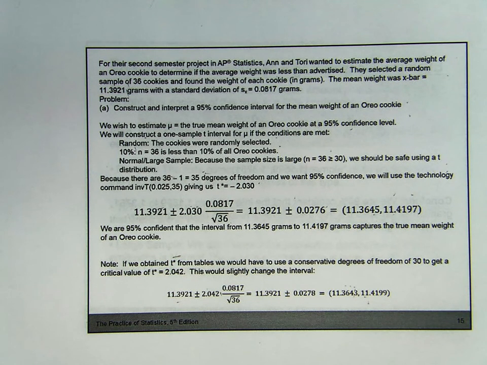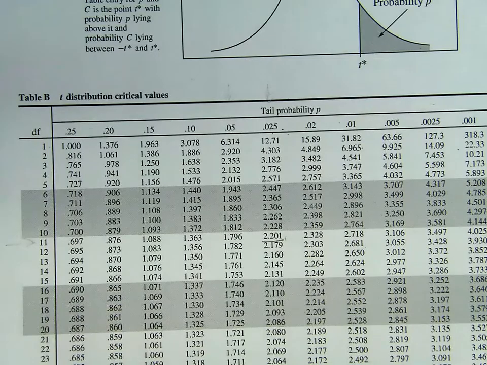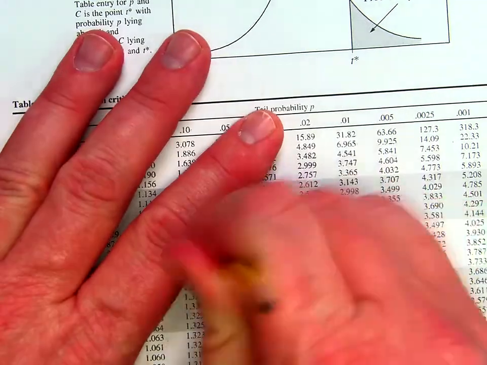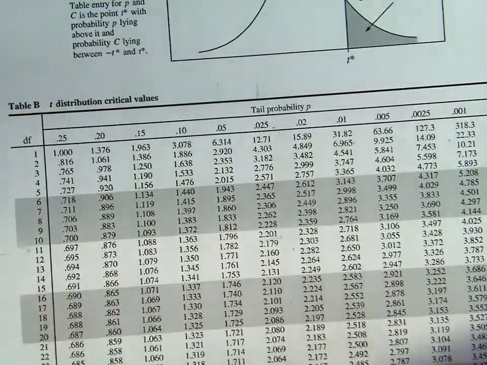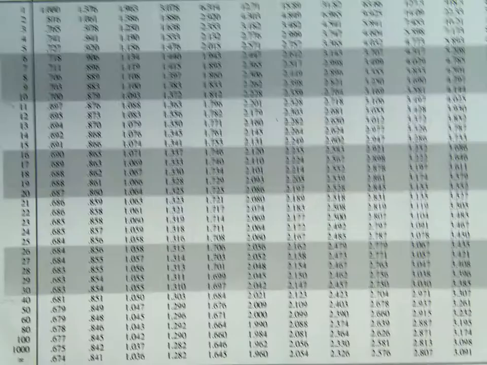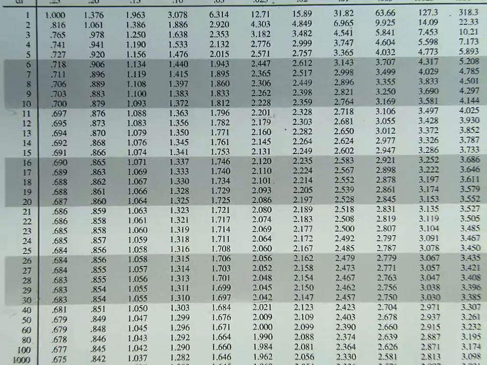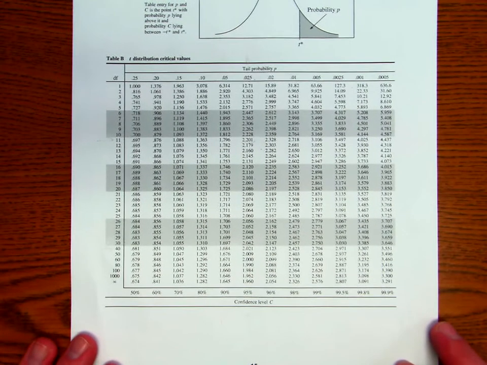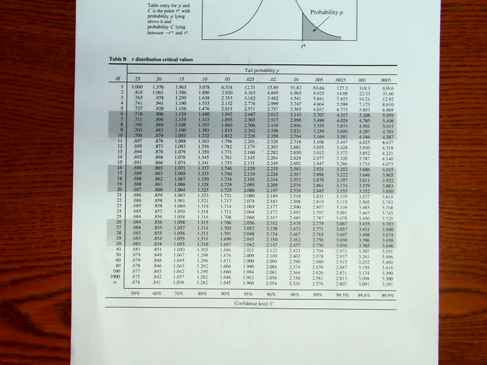All right, last thing I want to talk about real quick. When we were doing our z intervals, I had said that the z stars, you would probably know those just because you've done so much work with them. I showed you how to get the z star on a calculator if you didn't have them memorized or they were not provided.